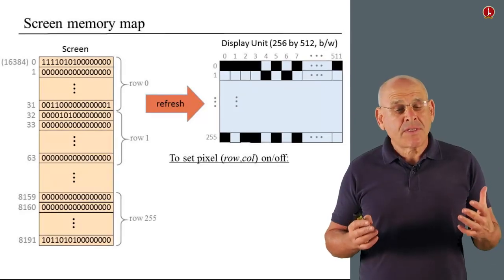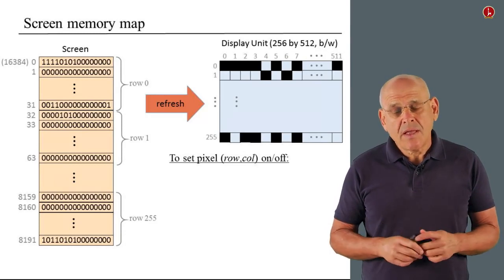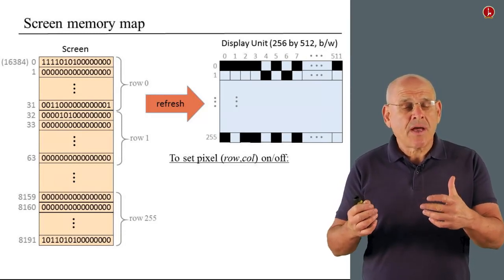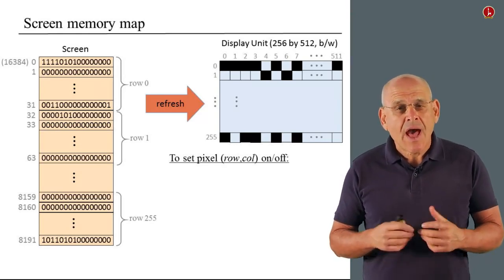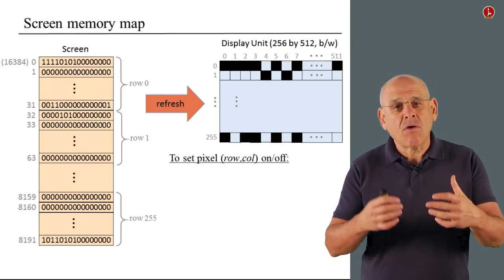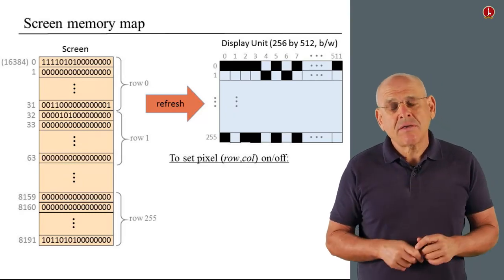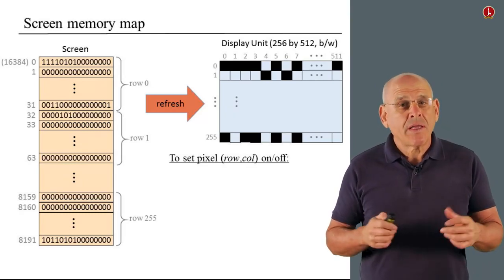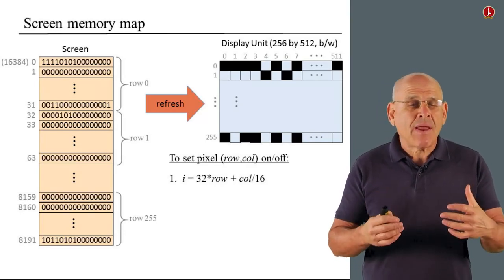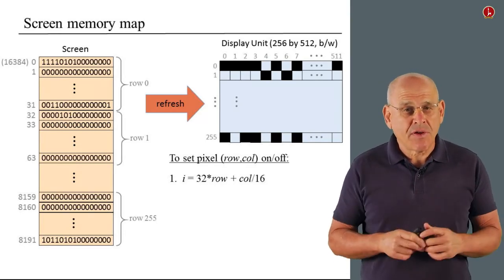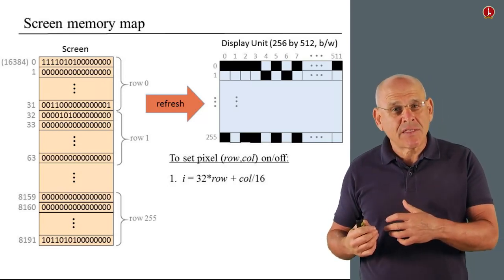Now, suppose that I want to manipulate a certain pixel on the screen, and pixels on the screen are characterized by a row and a column. How do I map this row-column pair to the right register in the memory map? Well, here's how I do it. First of all, I multiply row by 32, and then I compute column divided by 16.